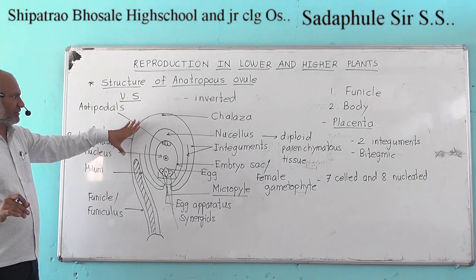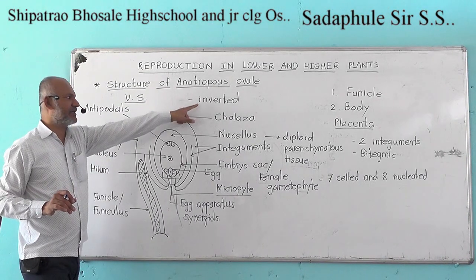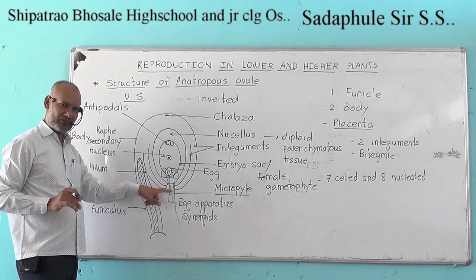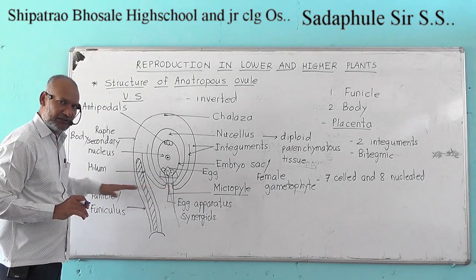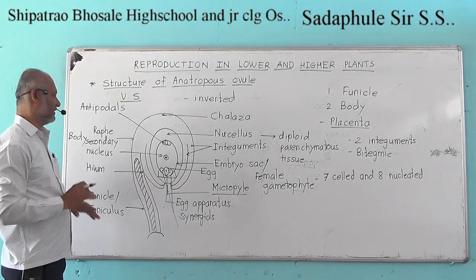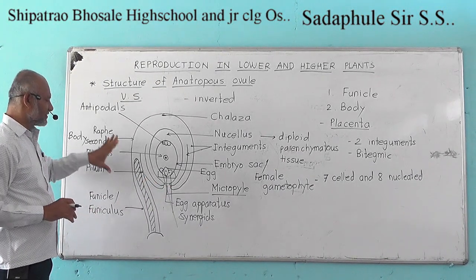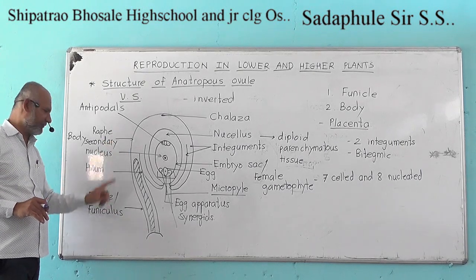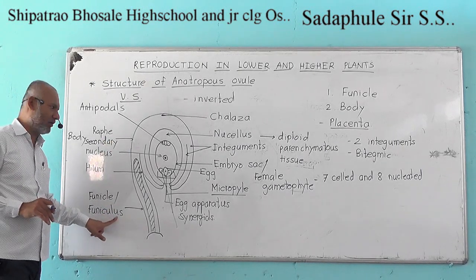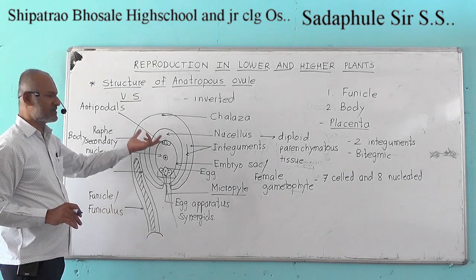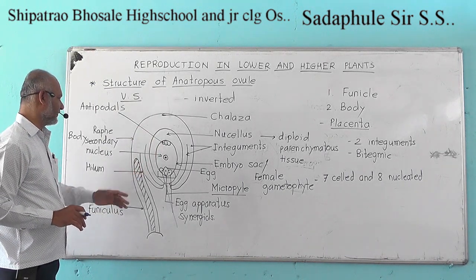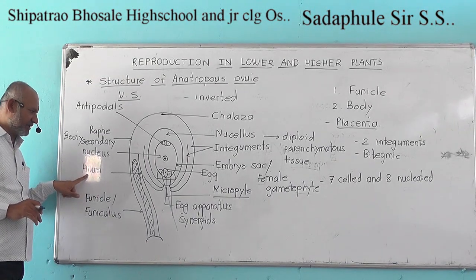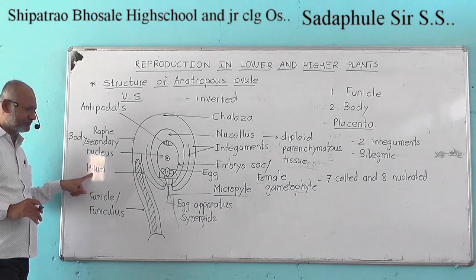This anatropous ovule is an inverted ovule in which funicle and micropyle lie at the same horizontal line. It consists of 2 parts, that is funicle and body. Funicle is the stalk of the ovule. Body is the major oval part. Body and funicle are attached at a point which is termed as hilum.